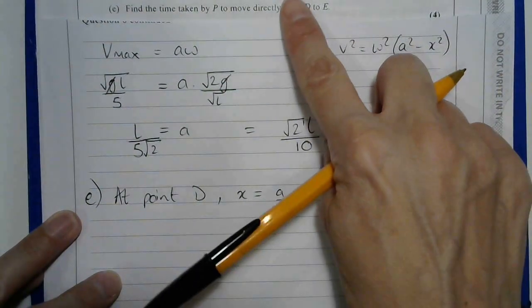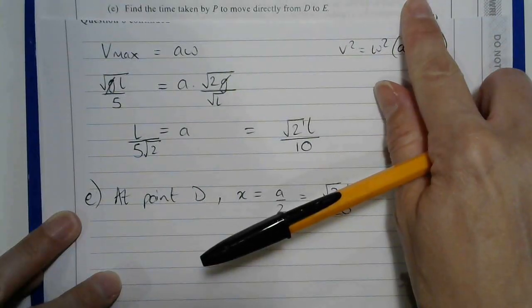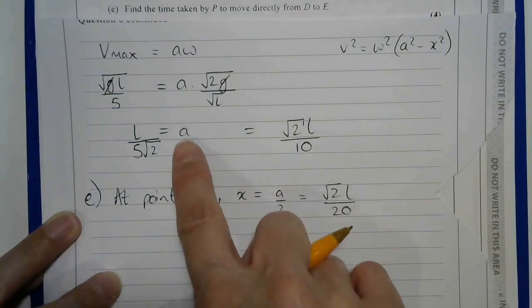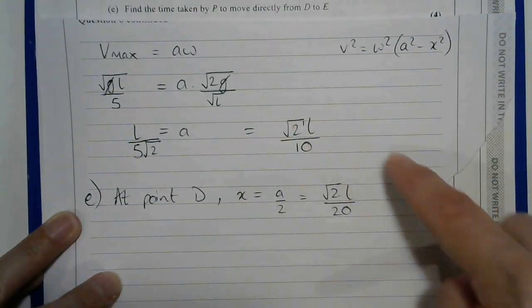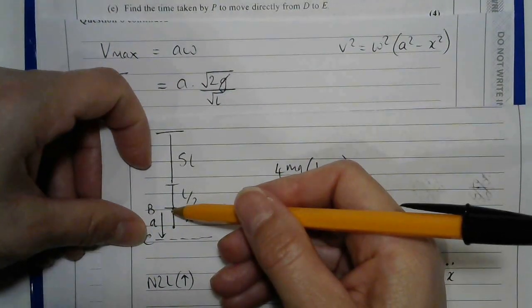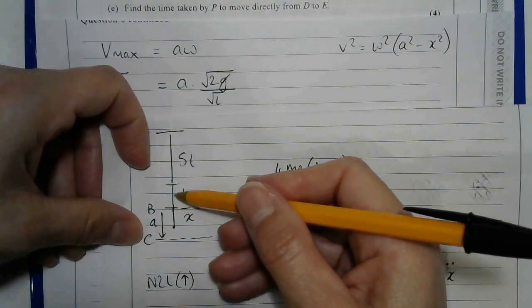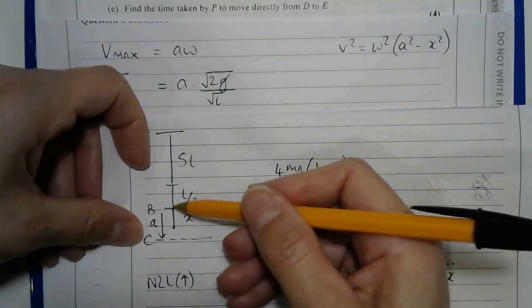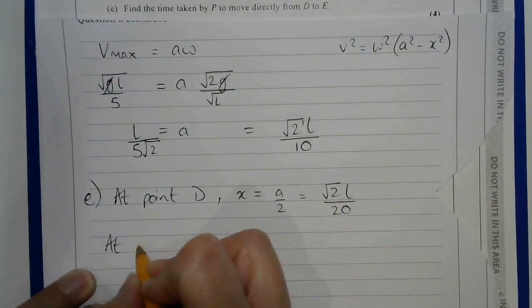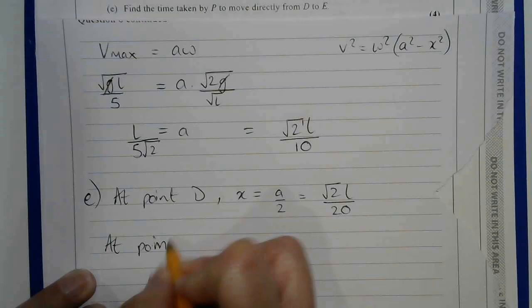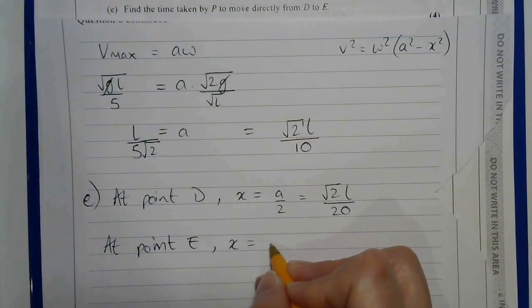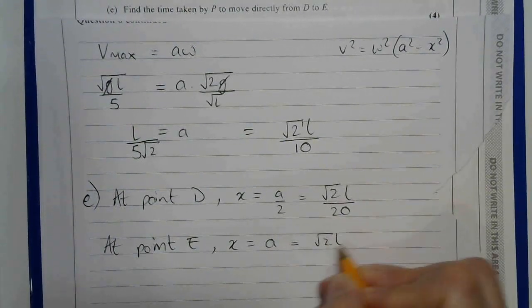Instead, when I'm looking at point E as the highest point reached by P, that is when the amplitude is reached on the other side of B. So that will be at this highest point, which will be A away from B. So at point E, the extension will be A, which is root 2 L over 10.